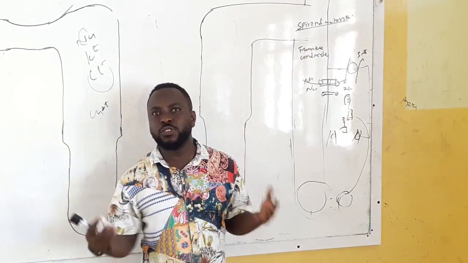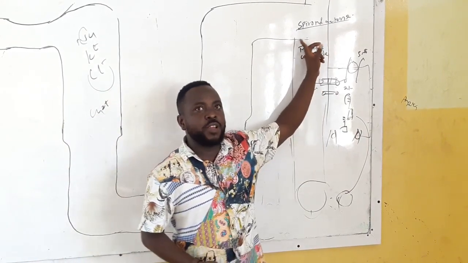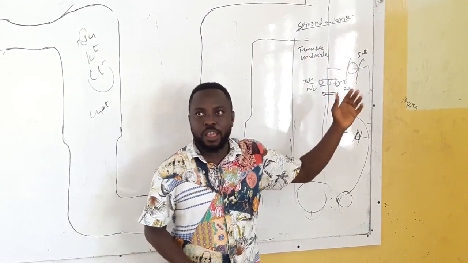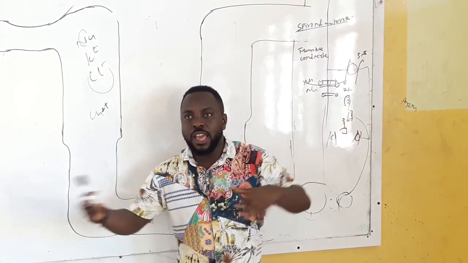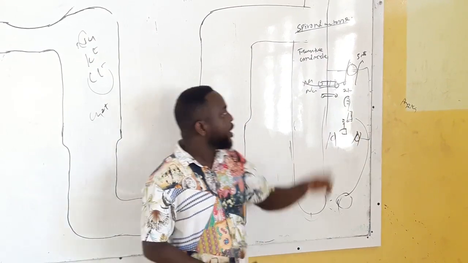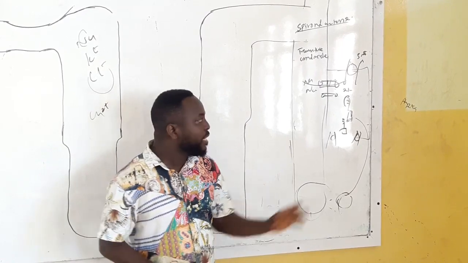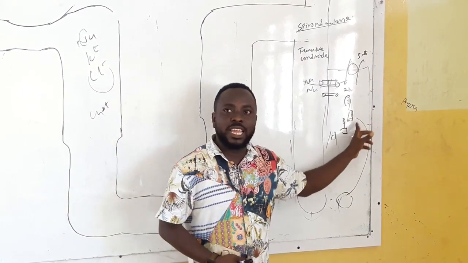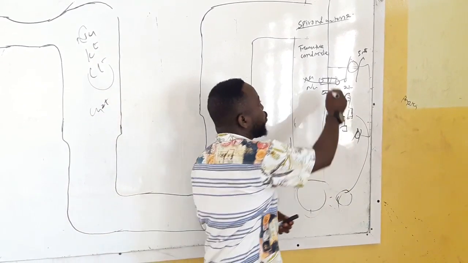Spironolactone is made of steroids, so let's say they are steroidal. So they can diffuse and enter into the cell, go into the DNA, and cause what we talked about. Triamterene and amiloride are non-steroidal. So they don't bind to the aldosterone receptors, but they are rather going to block the sodium channels.